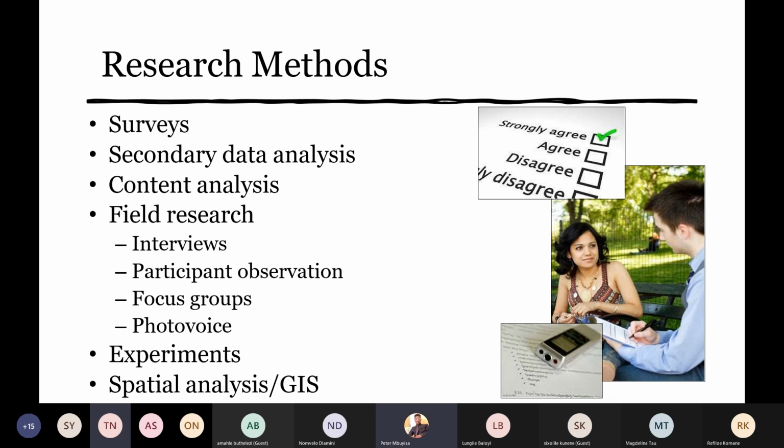Quanti, right? Because you're going to gather numerical data from that experiment. It's usually the case. Remember, with an experiment, you use certain tools, and those tools usually gather statistics. Then what about spatial?